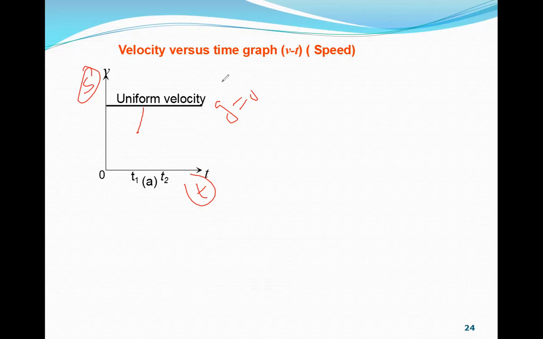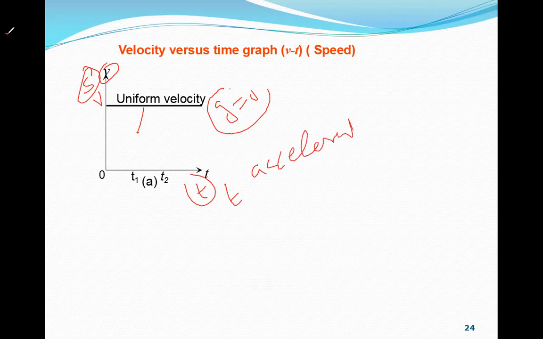But now, if the same line comes in the VT graph, then it again shows the gradient is 0. I totally agree. But the gradient of the VT graph shows acceleration.